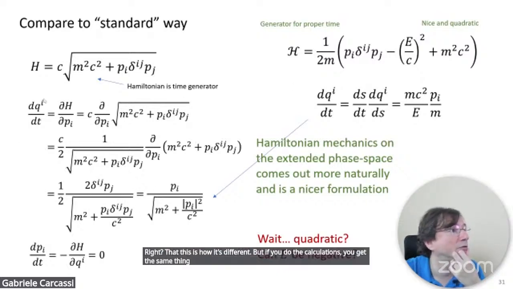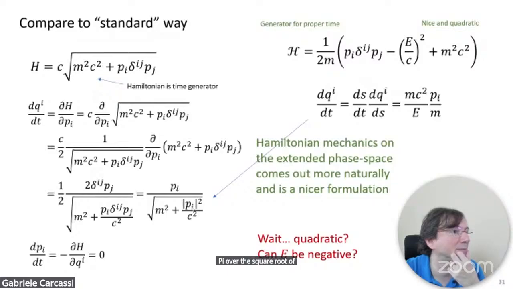So if you do the velocity with respect to this Hamiltonian and do the calculation, you're going to have this pi over the square root of m squared plus pi squared over c squared. And since the energy is this, the energy is basically this rescaled.